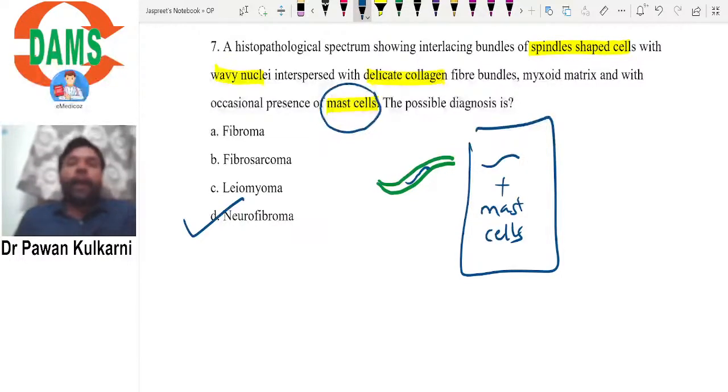So neurofibroma is one of the most common benign neoplasms of nerve, which usually demonstrates wavy nuclei. Okay, and you can see presence of numerous mast cells.